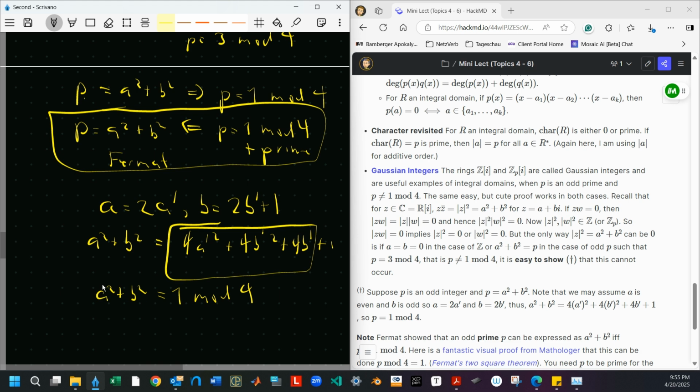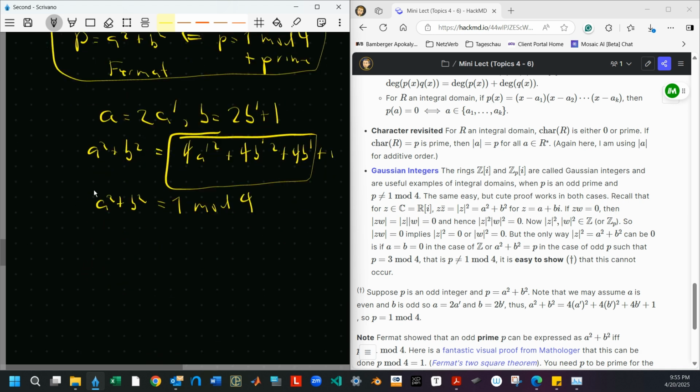This is assuming that A squared plus B squared is odd. That's all we're assuming here. So in the case that P is odd, now we're going to go back and use the fact that P is prime, so ZP is actually an integral domain, right?